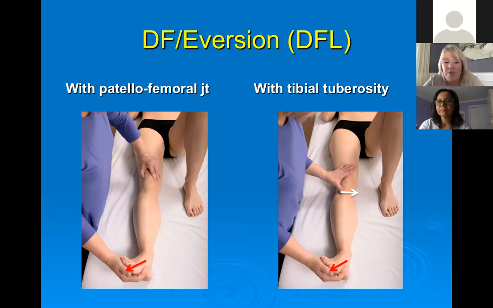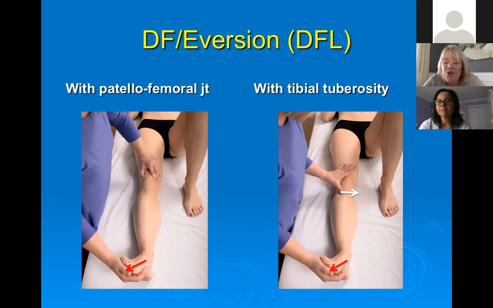So you can keep the anchor with the traction and add oscillations with the dorsiflexion eversion. You can also explore the various glides of the patellofemoral joint and repeat as well, and make sure that there's nothing connecting too tight in between the two hands.